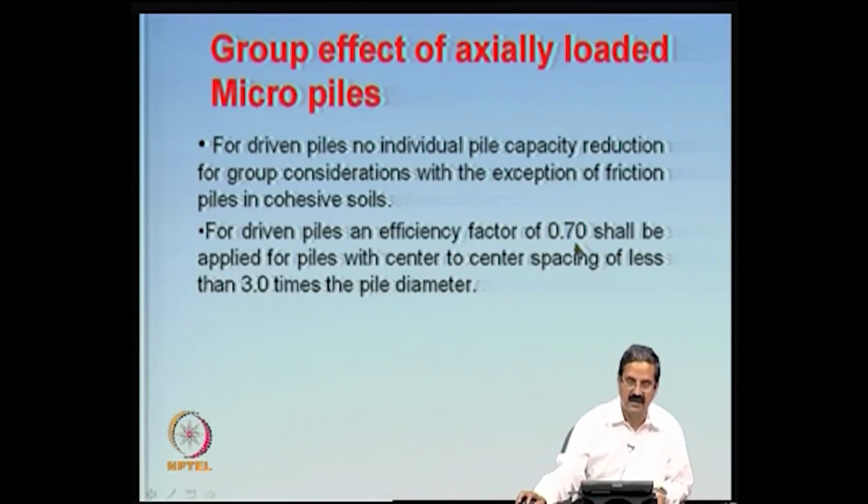We do not assume that it is fully 1; we use an efficiency factor of 0.7, similar to pile design, when the center to center spacing is less than 3 times the pile diameter. Essentially when they are too close we take this reduction, otherwise it is not necessary.